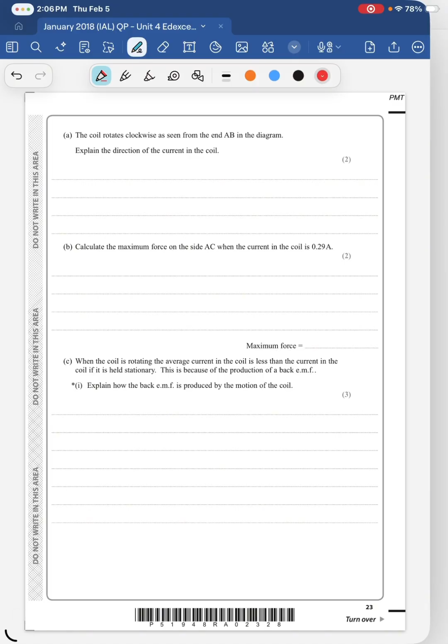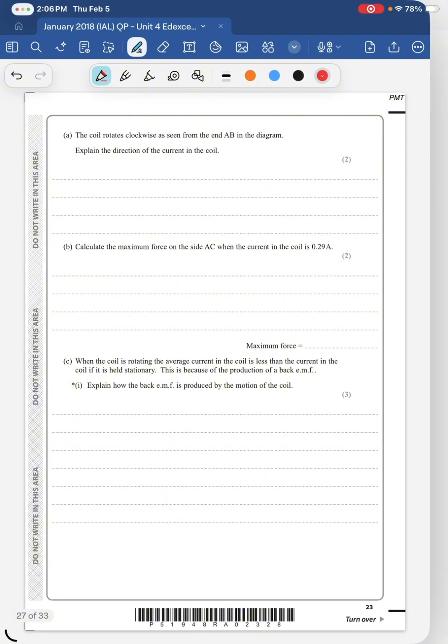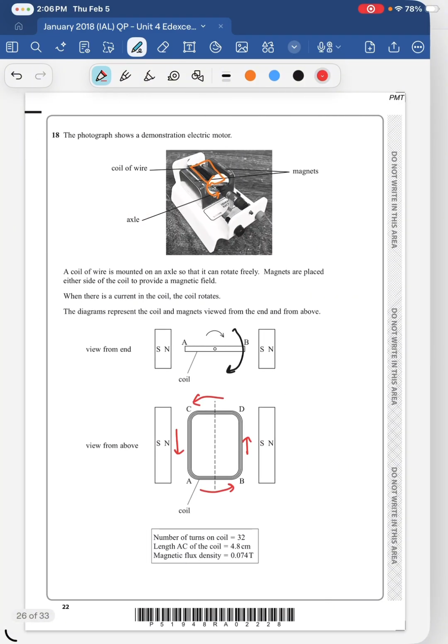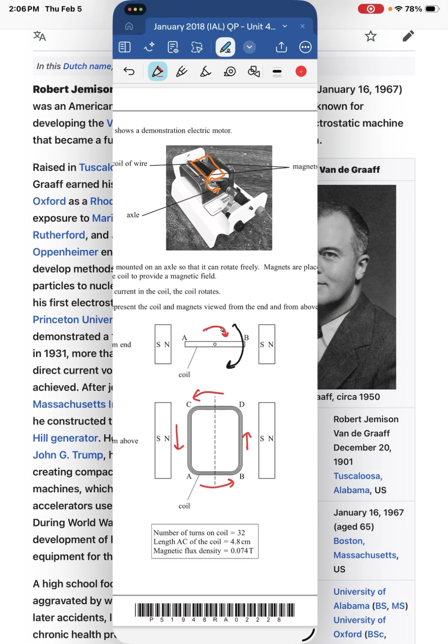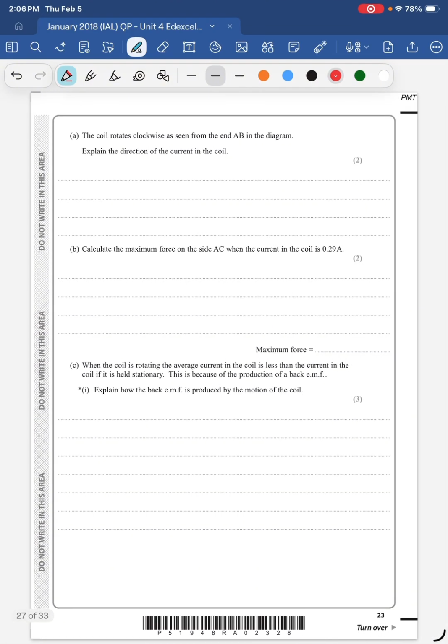Explain the direction of the current. So, I mean, it will rotate this way. Therefore, the current that will be generated will try to oppose the reason that created it. So it's going to be that way.